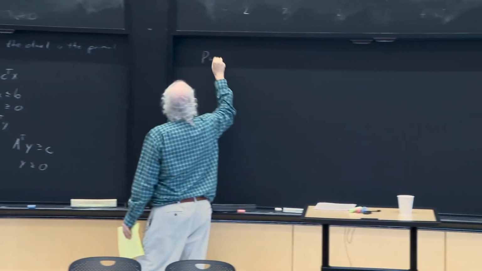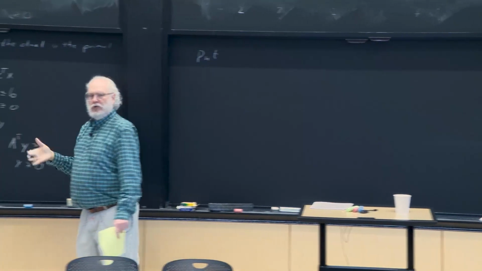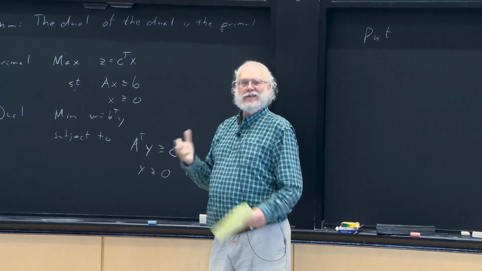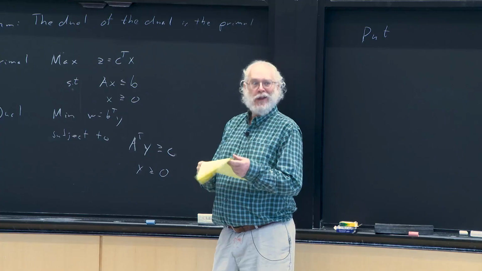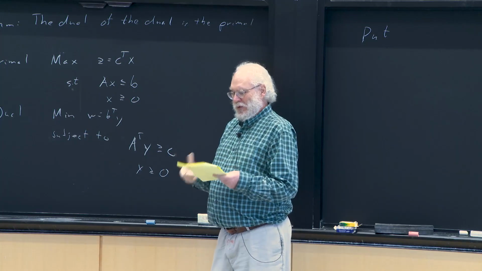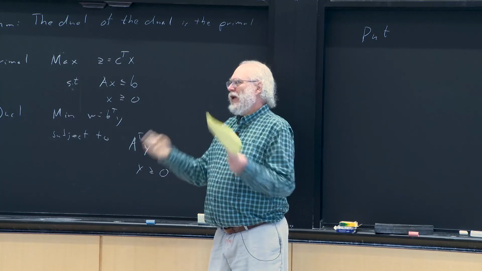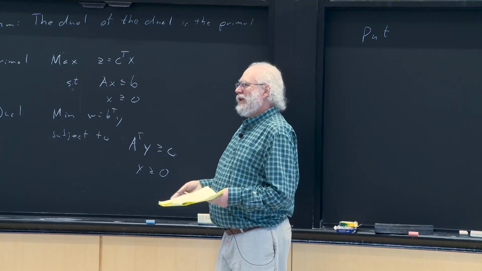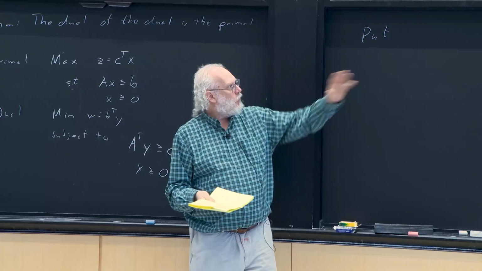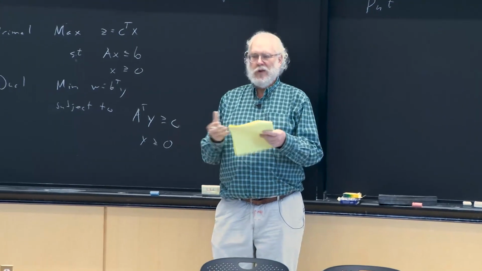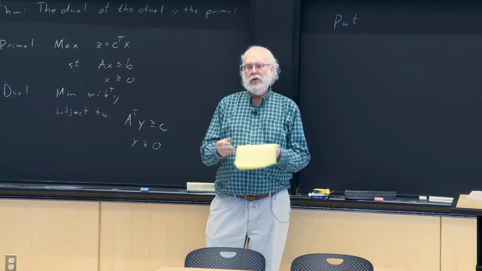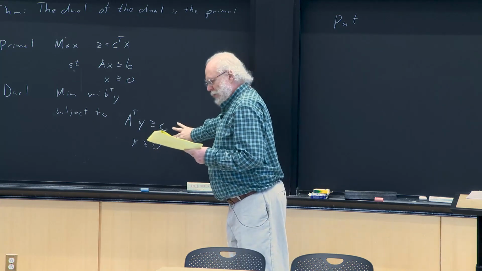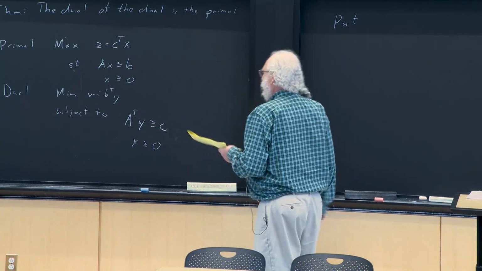Before we can go on, we want to put the dual in canonical form, because I haven't told you how to take duals of anything that's not in canonical form. One way to take the dual of an arbitrary linear program is to first put it into canonical form and then take the dual. Another way is to go back and look at the proof and figure out the formula for taking the dual of an arbitrary linear program, and we'll do that next time. But let's put this in canonical form.